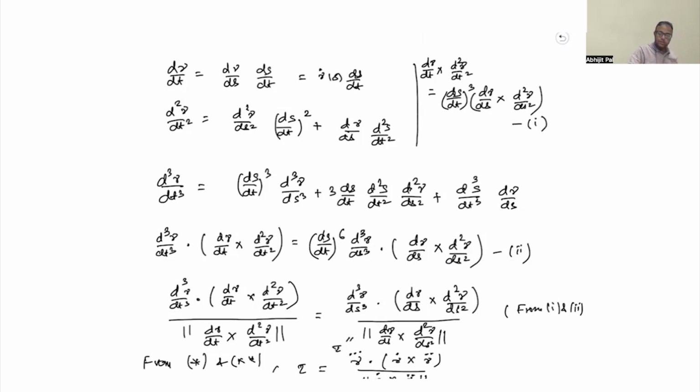So we have obtained this formula. Using this formula, you can compute the torsion of any smooth regular curve in R3. Okay, so I'll stop here today.